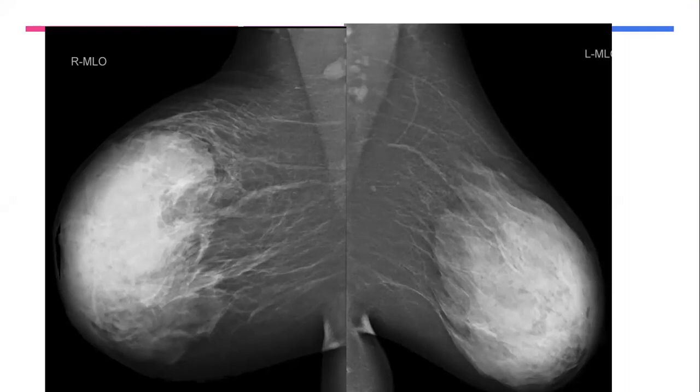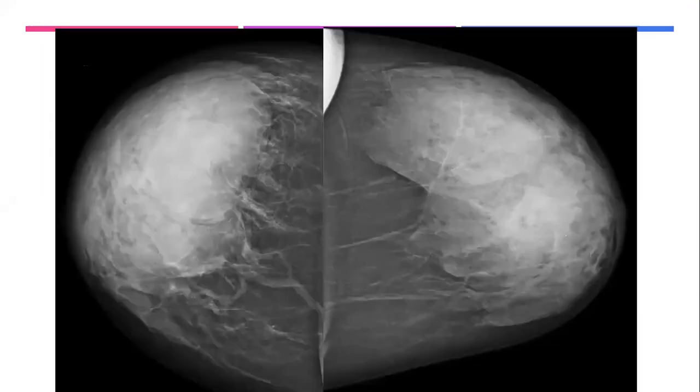Okay, good. You picked the abnormality in the right breast. This is a CC view.